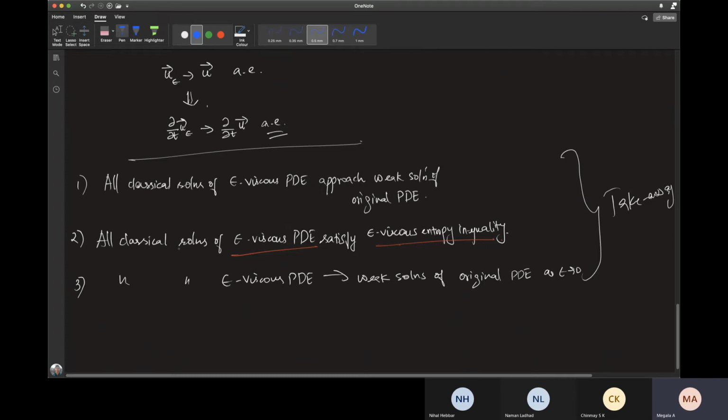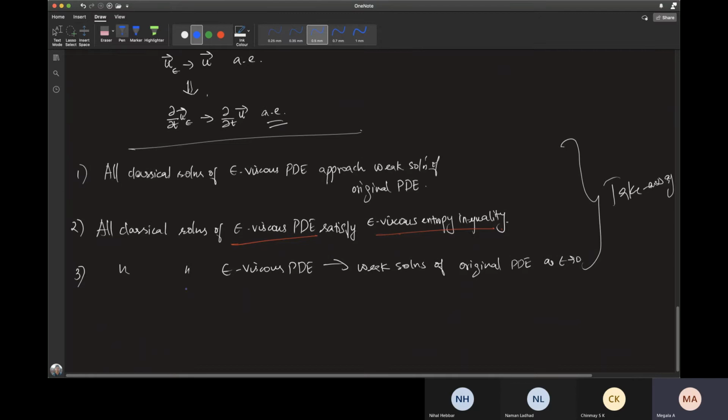So now let's go to the argument that I was making. So by root u vector epsilon plus summation. This is the epsilon viscous PDE. I've written it over here.